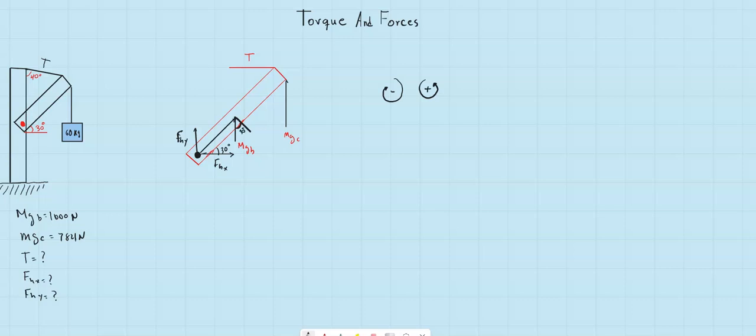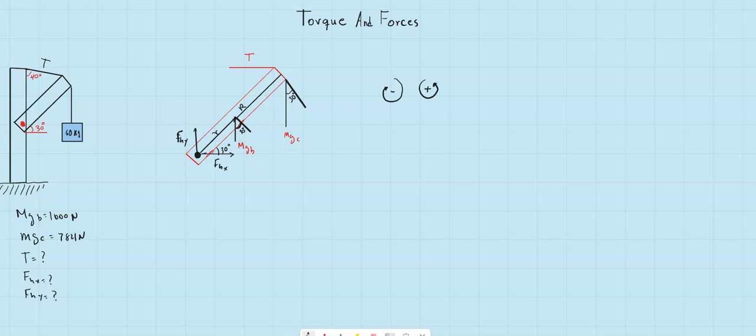Here we find the force perpendicular, and this is also 30 degrees, okay? So we have forces, and each is perpendicular to the radius. This is the radius for this one, and this is the radius for the longer beam.